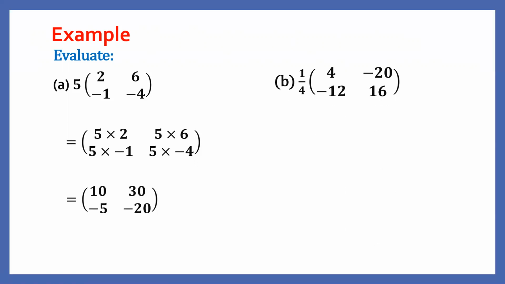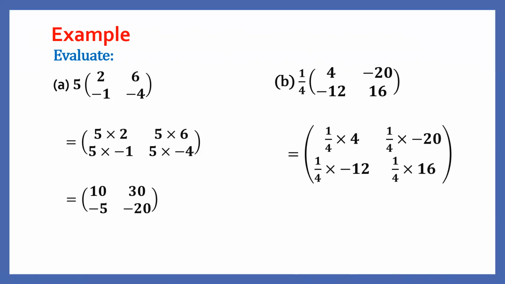Part B, 1/4 times 4, minus 20, minus 12 and 16. Again, I have to multiply each element by 1/4. This will give me 1, negative 5, negative 3, and 4.